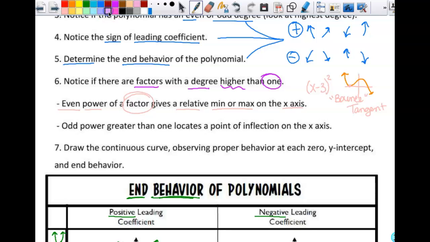If I have an odd power greater than 1, because 1 is an odd number, so 1 doesn't count, that locates a point of inflection on the x-axis. So that would look something like this.